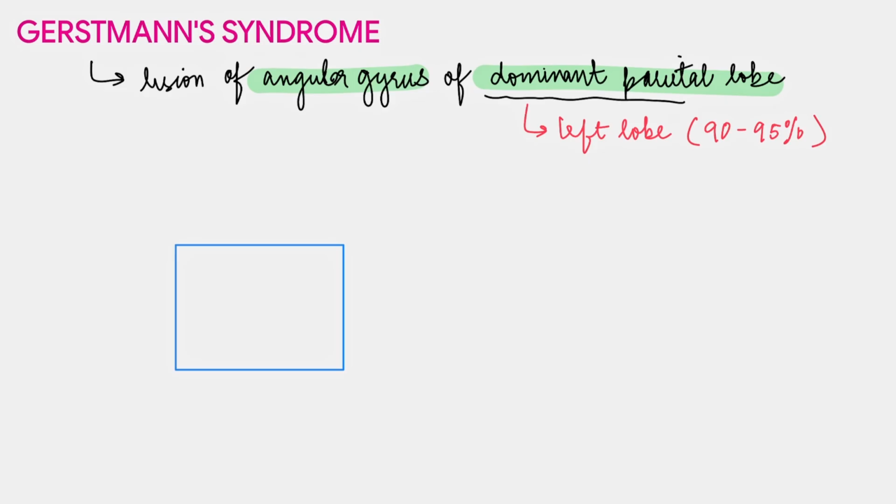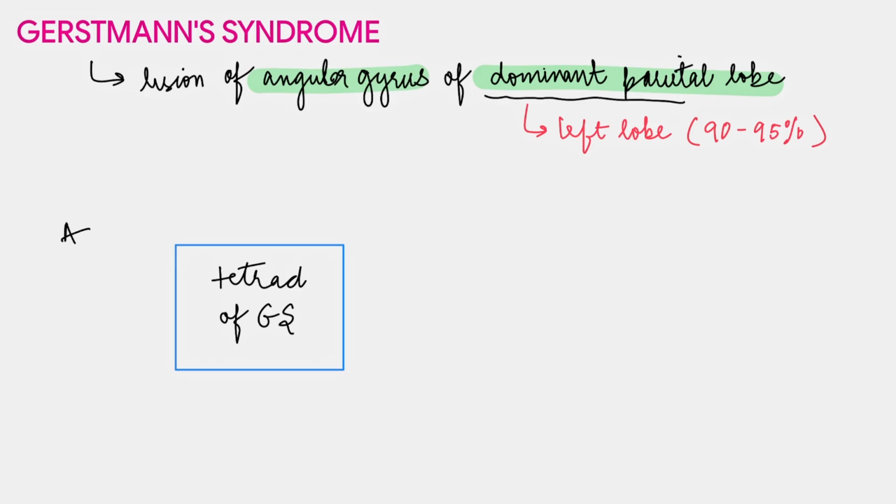Now, the way I remember the symptoms is the dominant parietal cortex, or the dominant of anything, is involved in higher mental functions. So here you'll have very specific higher mental defects. Like there's a classic tetrad of Gerstmann syndrome.